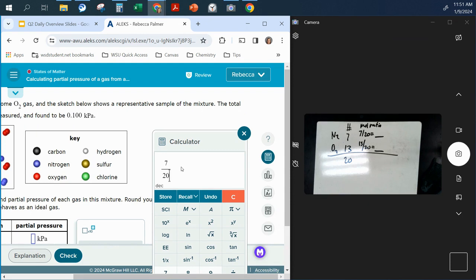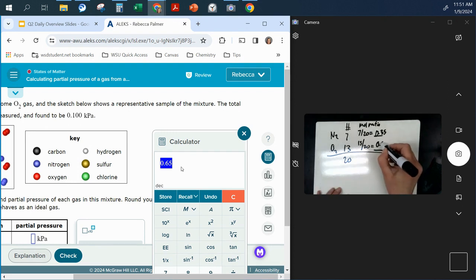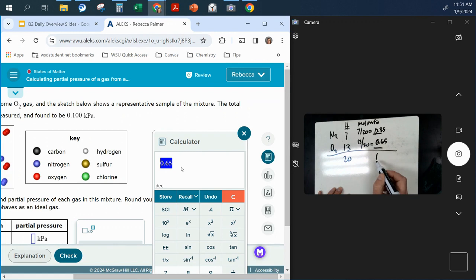I'm using my calculator. Okay, 0.35. 0.65. These should add up to 1. So that's a check for you. The mole ratio should add up to 100%.